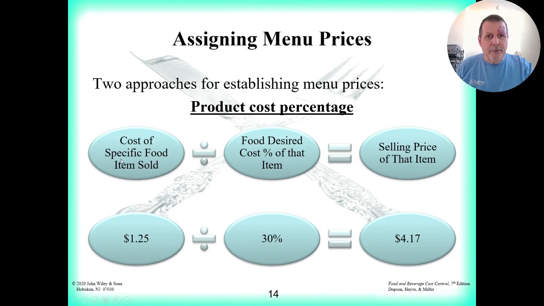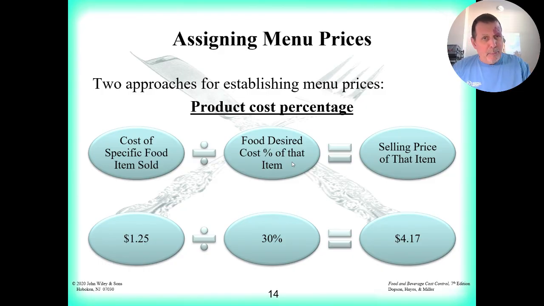We have the cost and I have the desired food cost percentage. So I divide the cost by the desired food cost percentage. I told you I had $2.50, so let's get my calculator powered up. $2.50 divided by 0.32, which is my desired food cost percentage of 32%.